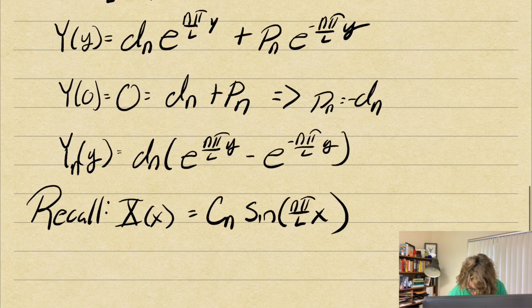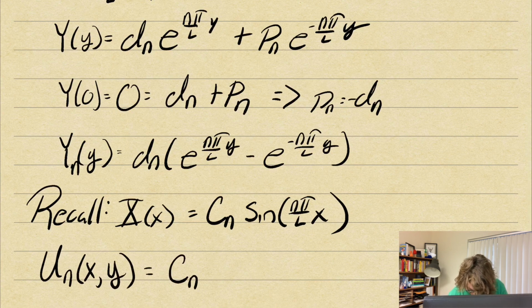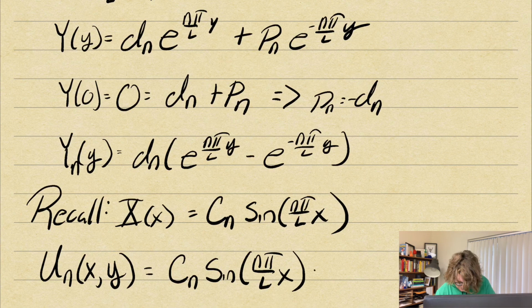So we can write down our u sub n of x and y. It's going to look something like c sub n sine of n pi over L times x times Y of y. So that's our d sub n times e to the n pi over L times y minus e to the negative n pi over L times y.